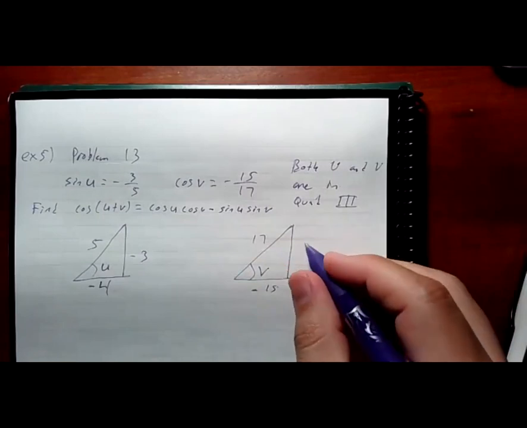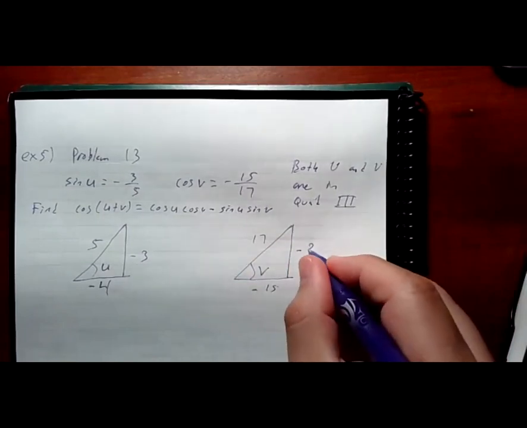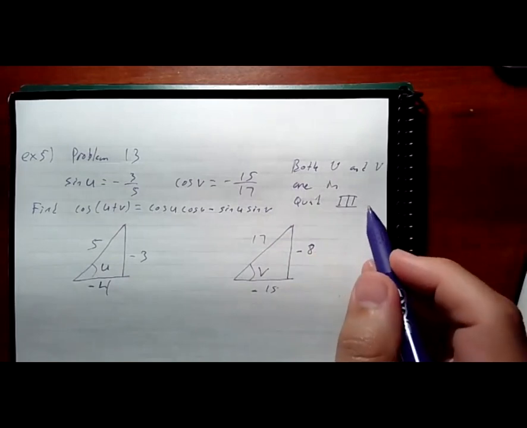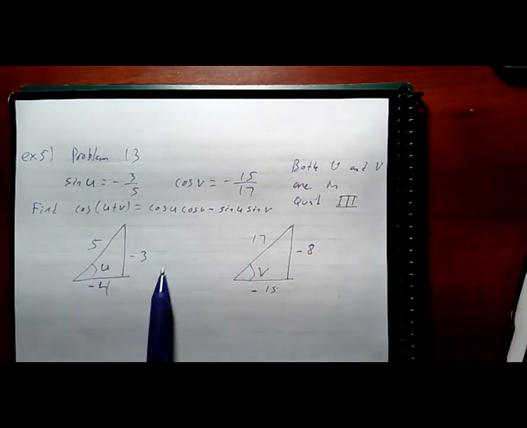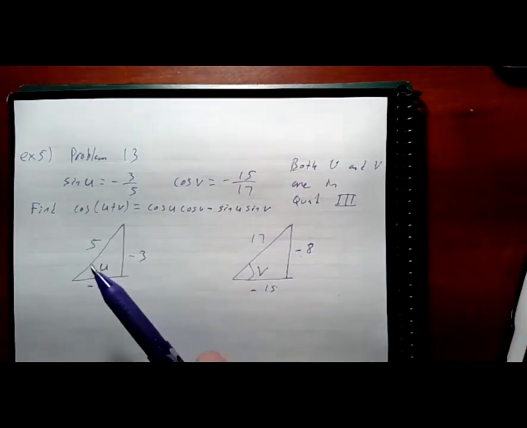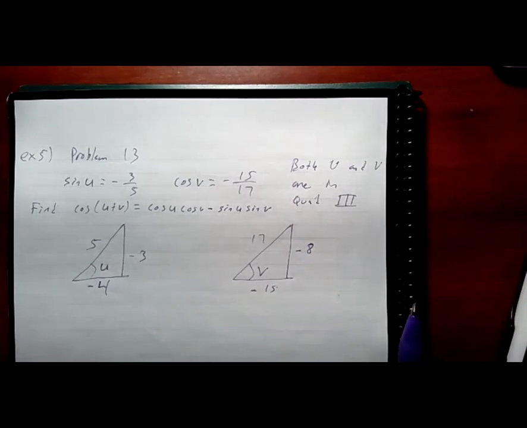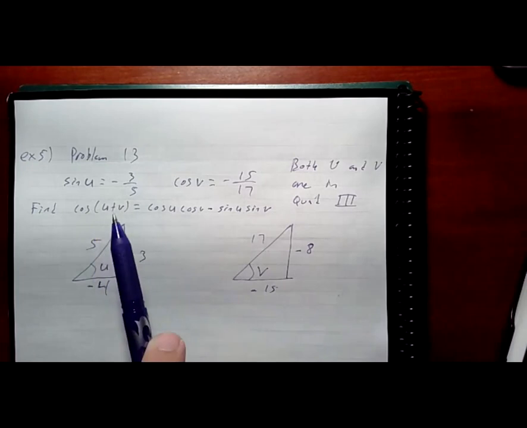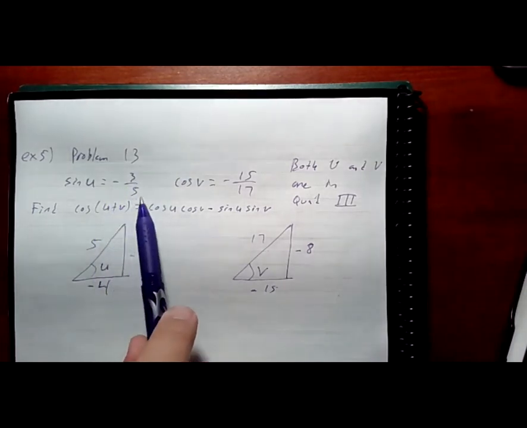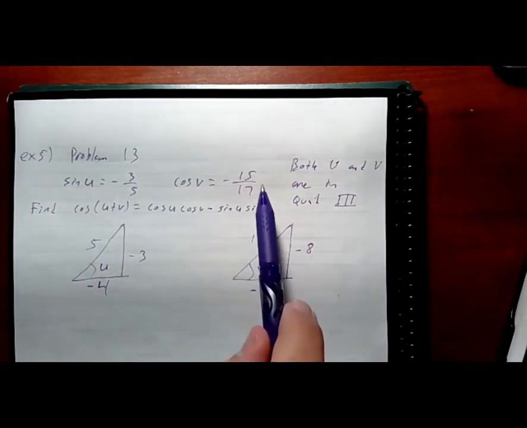Do your Pythagorean, and this would be negative 8 because quadrant 3. I skipped the Pythagorean step. Given two sides, can you find the missing side? Do you have any questions on this? Do you see how I built the triangle using this piece here and then built the other triangle using this piece?